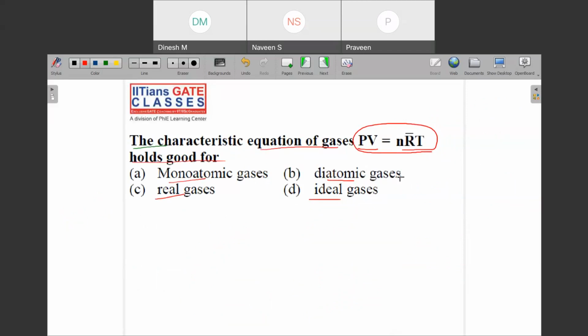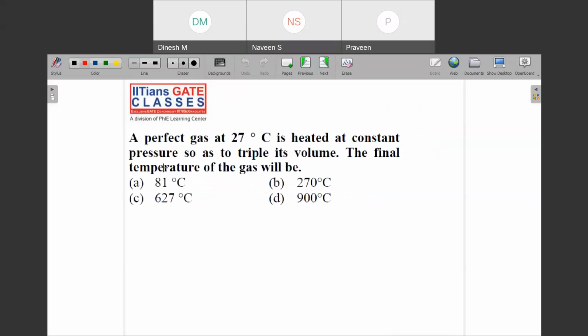Even though we know that this is the ideal gas and this is the correct option, they have mentioned monoatomic, diatomic, real gases cleverly so that you get confused about which gas this equation is used for. So you should always remember that this equation is valid for ideal gas. Okay.